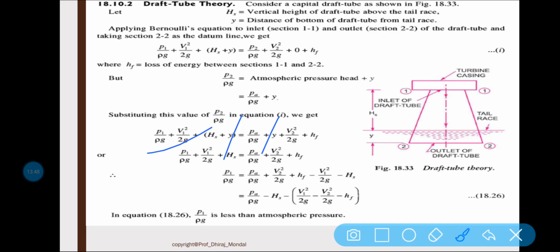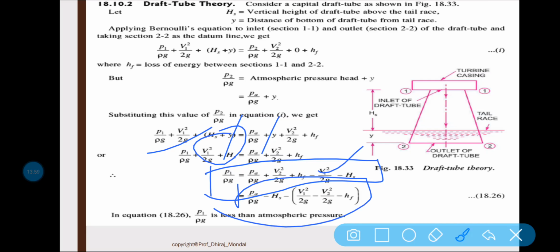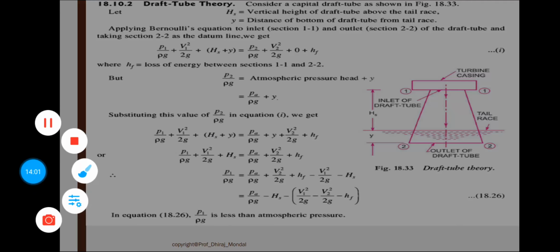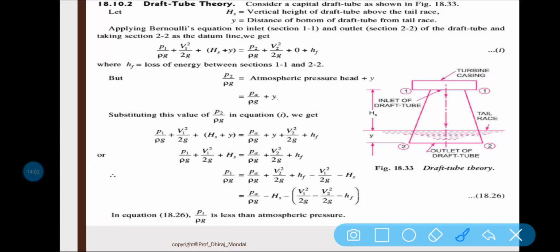Now I can write the equation in this fashion: P1 by rho g is equal to, taking this value to the right hand side, Pa by rho g minus Hs minus this term.